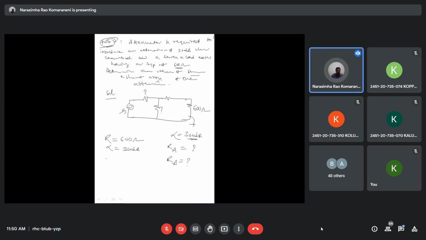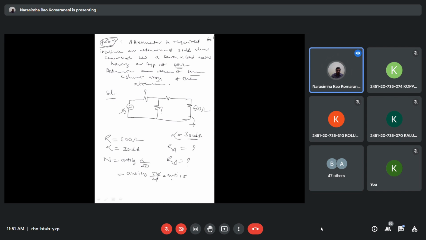Okay, so again in this problem the attenuation is given in decibels. To find out capital N, if alpha is given in decibels, we have one formula: capital N equal to anti-log of alpha by 20. Therefore anti-log of 30 by 20, that is nothing but the anti-log of 1.5.